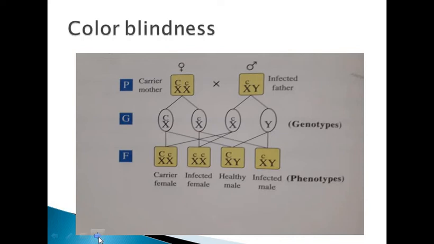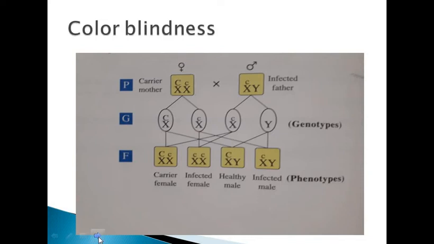After crossing, we will have a carrier female X^C capital X^C small, an infected female X^C small X^C small, a healthy male X^C capital Y, and an infected male X^C small Y. Here we can conclude that the infected male is taking his gene from his mother.